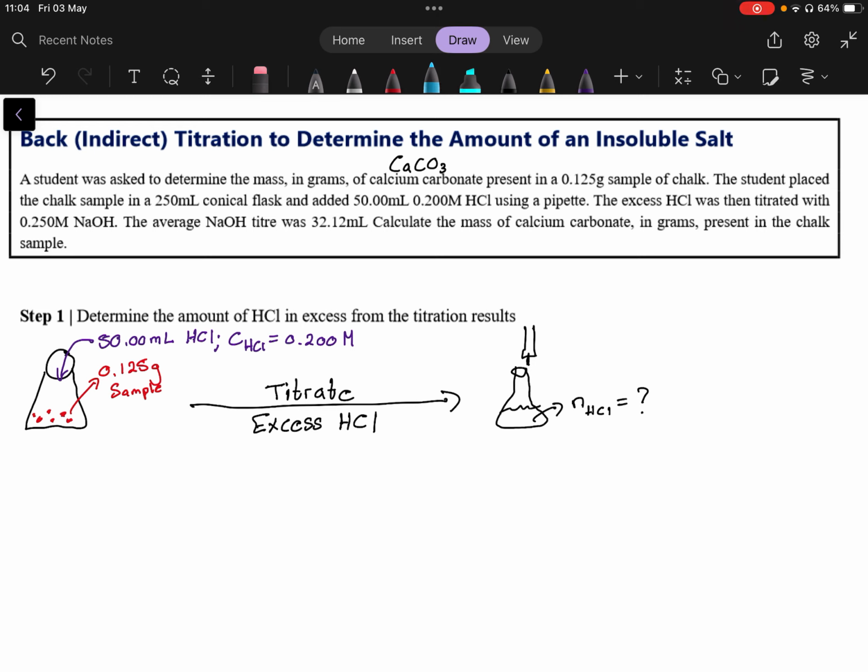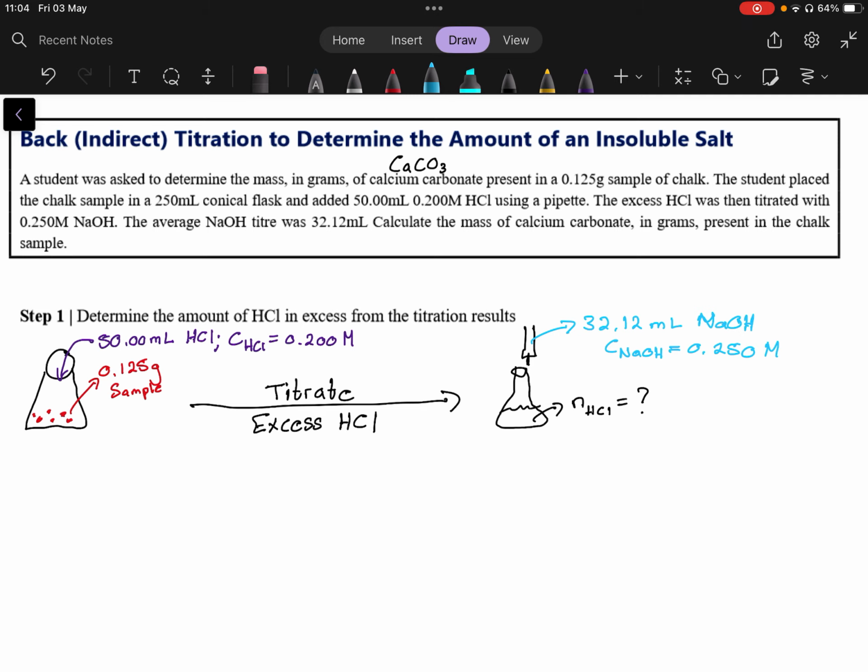What we add to this is 32.12 milliliter of sodium hydroxide, which has a concentration of 0.25 molar.